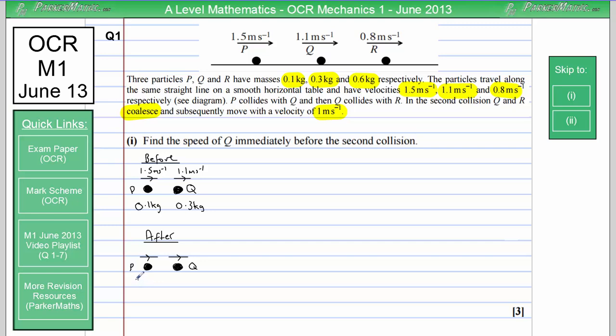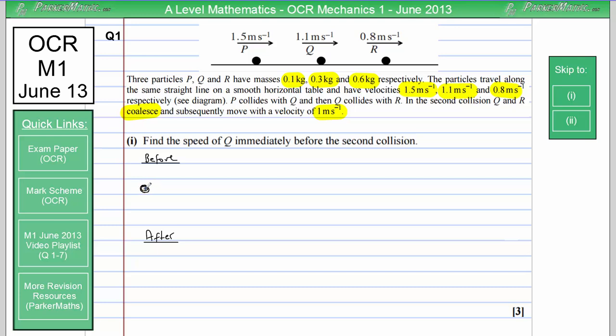After the collision, they still have the same masses. But after the collision, we have two unknowns because nowhere in the question does it tell us the velocity of P or the velocity of Q after the collision. So here we've got a problem because we've got two unknowns, so we can't solve this problem straight away.